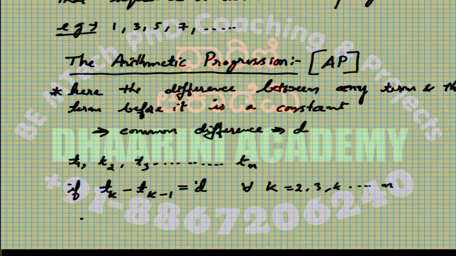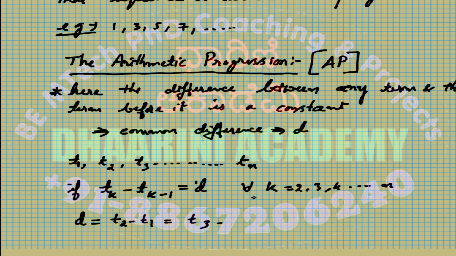So D is equal to T2 minus T1, which is also equal to T3 minus T2.